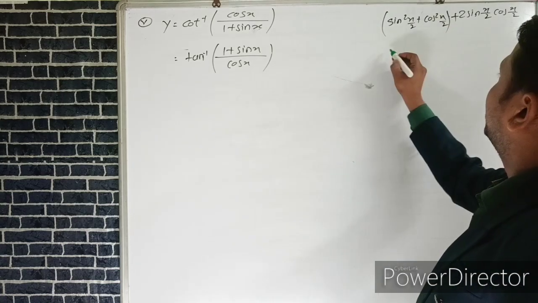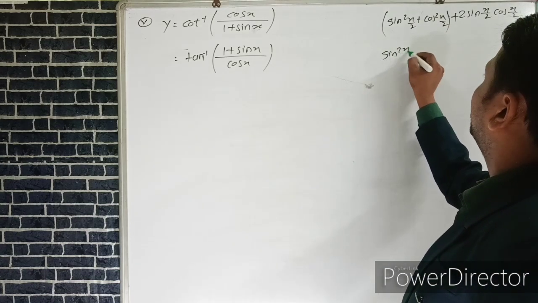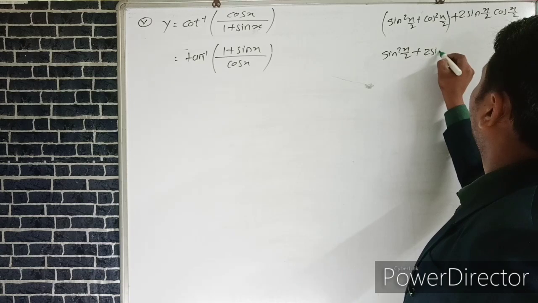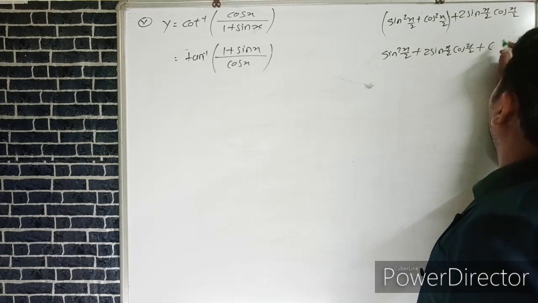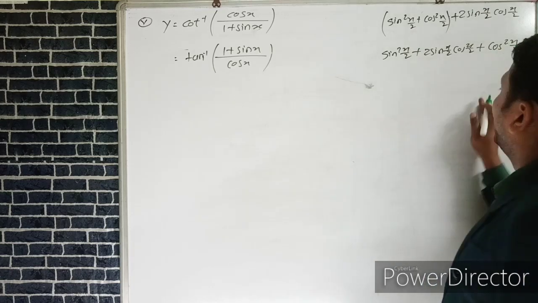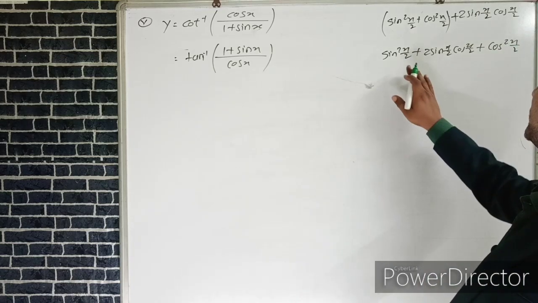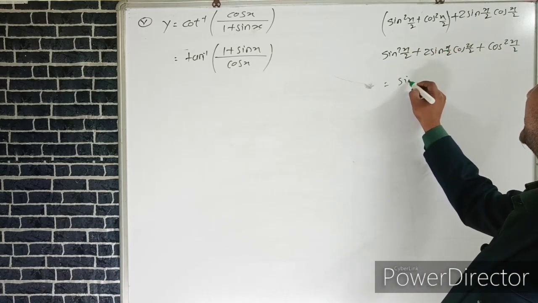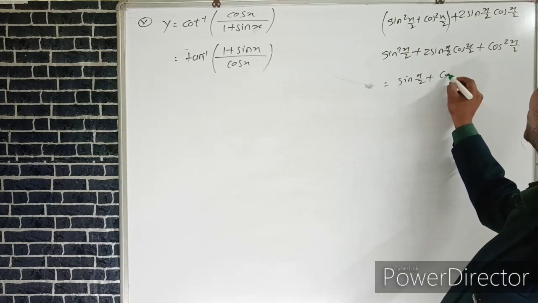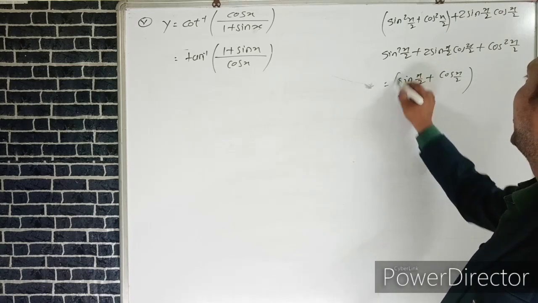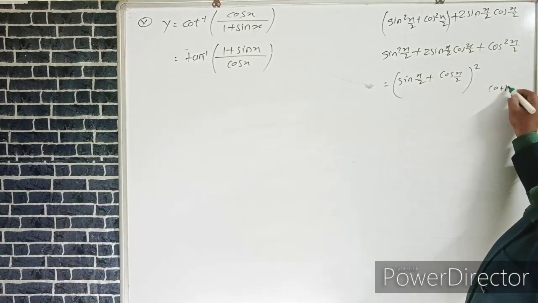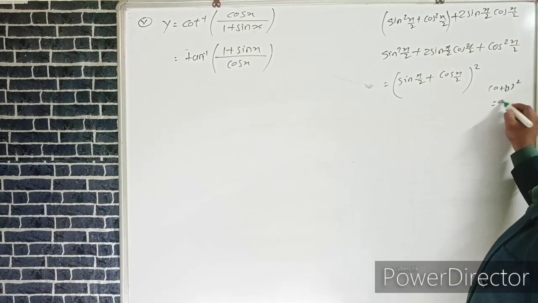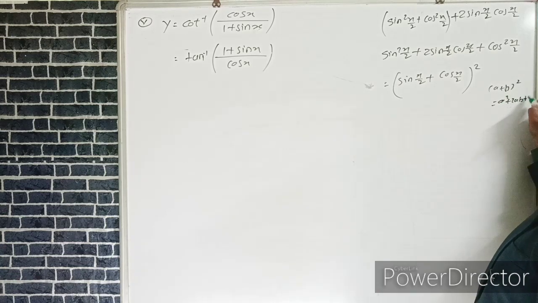After that, sin square x by 2 plus 2 sin of x by 2 into cos of x by 2 plus cos square x by 2 we can write as a plus b whole bracket square, that is sin of x by 2 plus cos of x by 2 whole bracket square. By applying the rule a plus b whole square is equal to a square plus twice ab plus b square.